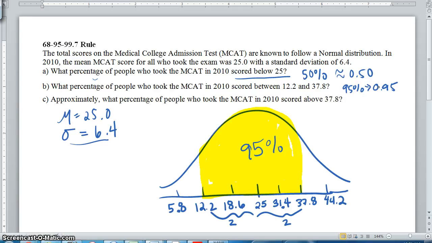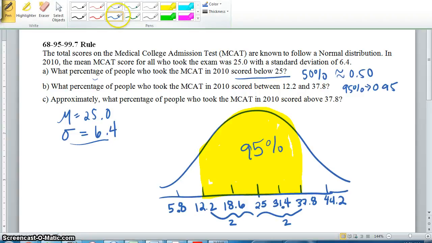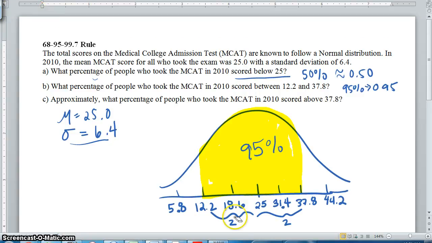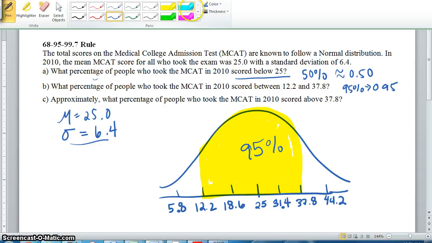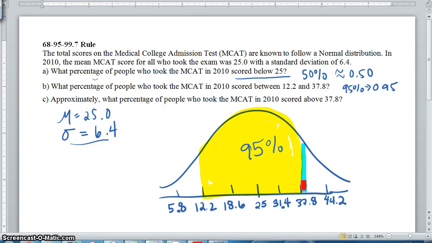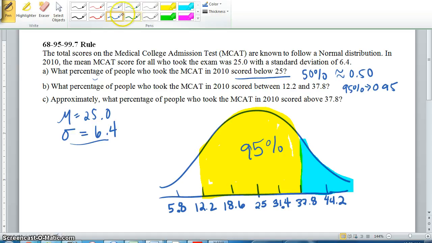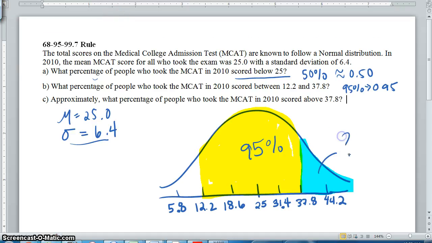All right, so for the very last problem, it says approximately what percentage of people who took the MCAT in 2010 scored above 37.8? So now let's go ahead and leave in our shading that we did before, because we know that we are looking at this area, the area that falls above 37.8. This is what we want to know. This is the mystery.